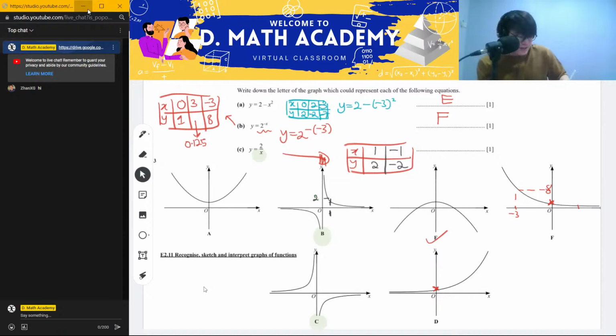However, when x is -1, it will connect to -2. So for section C here, your answer for this graph will be B. So that's how you get your answers for sections A, B, and C.